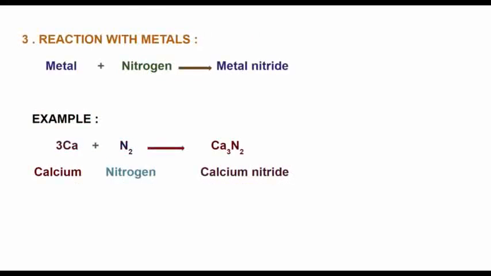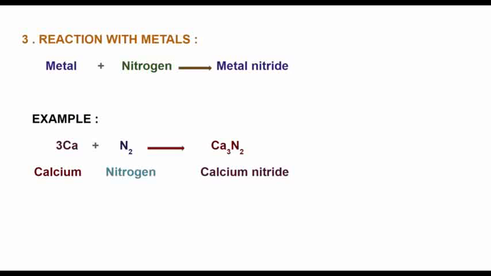Reaction with metals. Nitrogen reacts with metals like lithium, calcium, magnesium, etc. at high temperature to form their corresponding metal nitrides. Metal with nitrogen gives metal nitride. For example, take calcium.